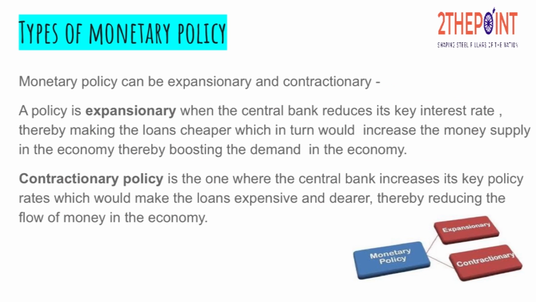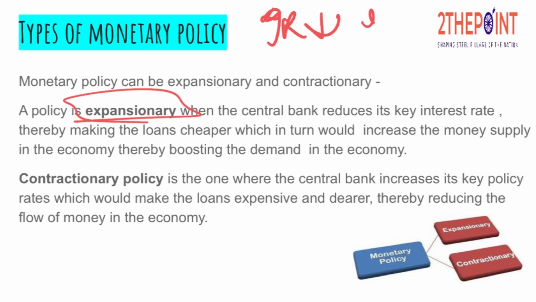To manage inflation, there are two types of policy that RBI uses. The first one is the expansionary policy. As the name suggests, expansionary means expanding, and expanding what? Expanding the money supply in the economy, which is done by lowering interest rates. Now, what happens when you lower the interest rate on loans?